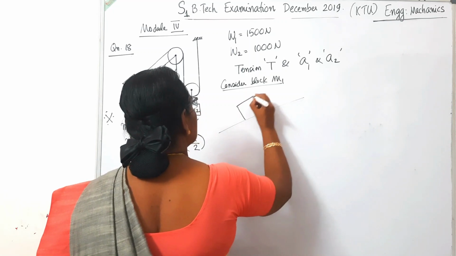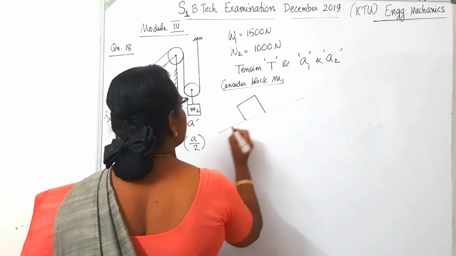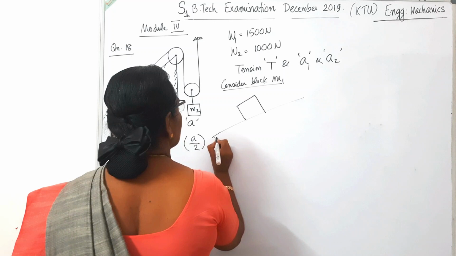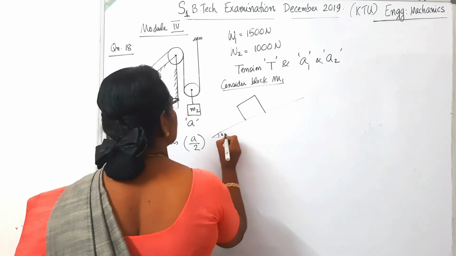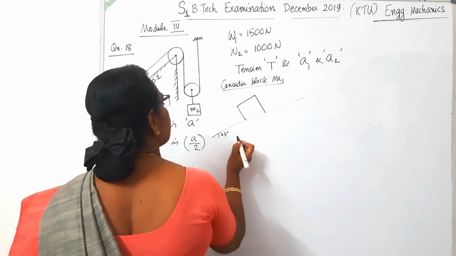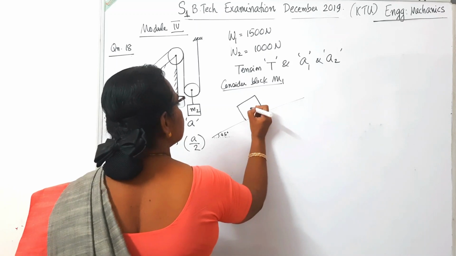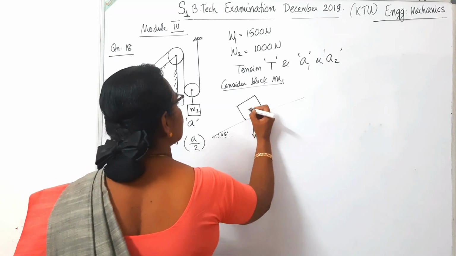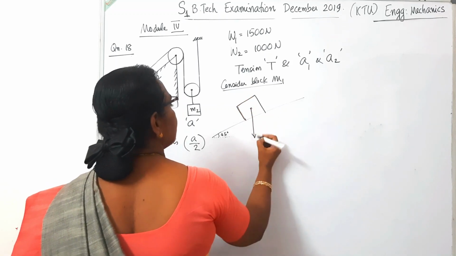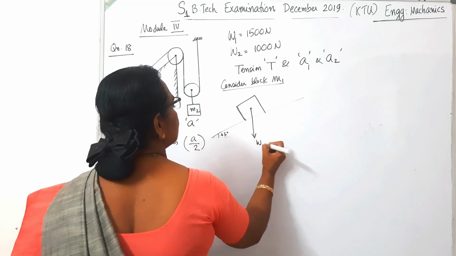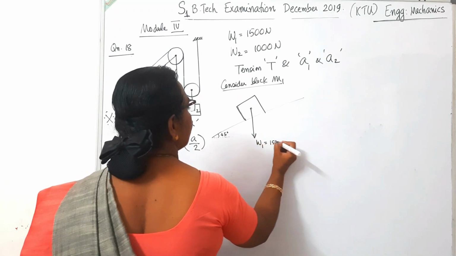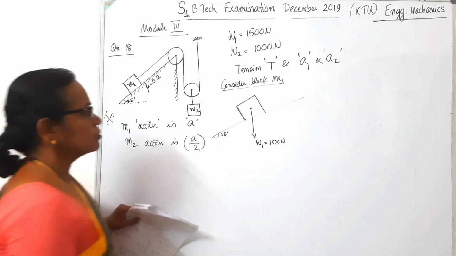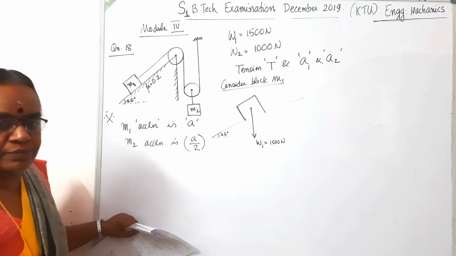This is the block resting on that inclined plane. That inclined plane is having an angle of 45 degrees with horizontal. So the weight of the body will be acting downwards through the center of gravity. Weight W1 is 1500 Newton, acts vertically downwards through the center of gravity.